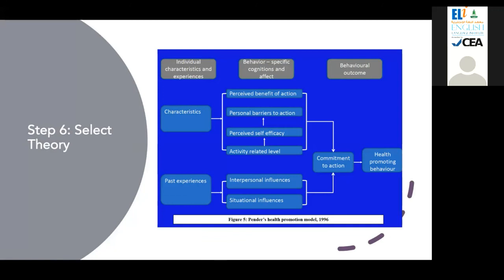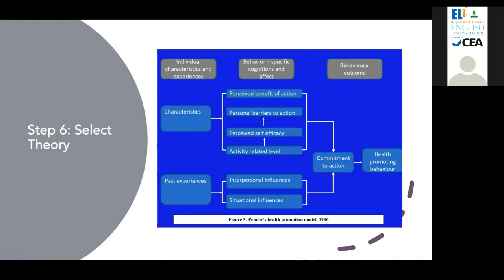For example, here the way they chose is to present it in a visual model. So the theory accounts for the individual characteristics and experiences, the behavior and the cognition, the behavioral outcome. And it looks also at certain characteristics, the perceived benefit of action, the barriers to action, etc. And also looks at past experiences.